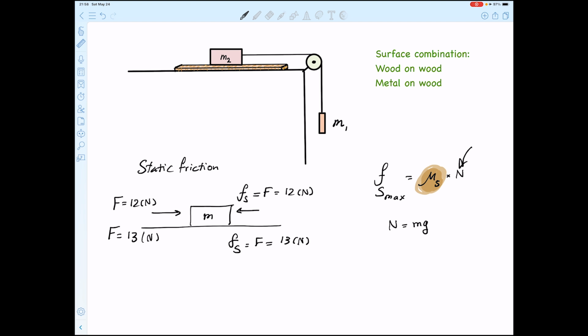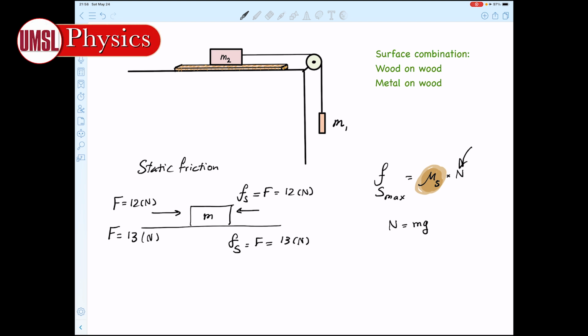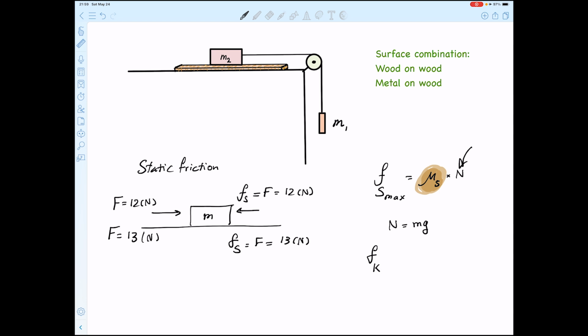On the other hand, if you keep adding force to the applied force, at some point the object, or the box in this case, will start to move. Once it starts to move, you will have Fk, or kinetic friction, because the object is moving. In that case, we'll have mu k. It's a different constant. K indicates that it's kinetic, s indicates that it's static, times the normal force.